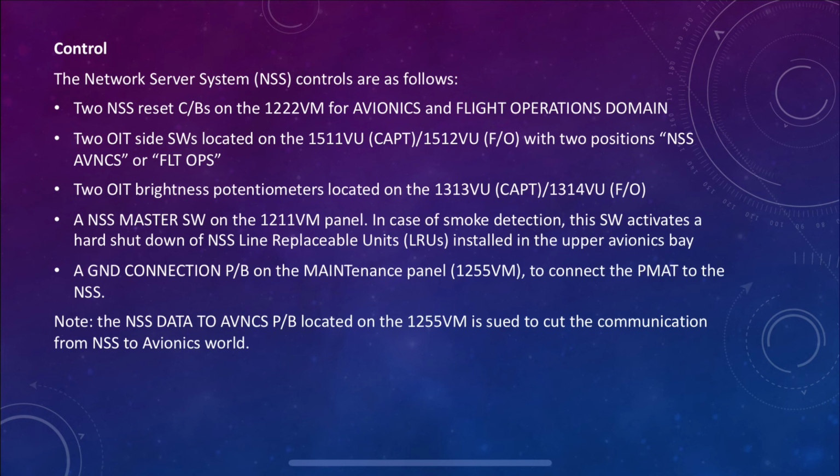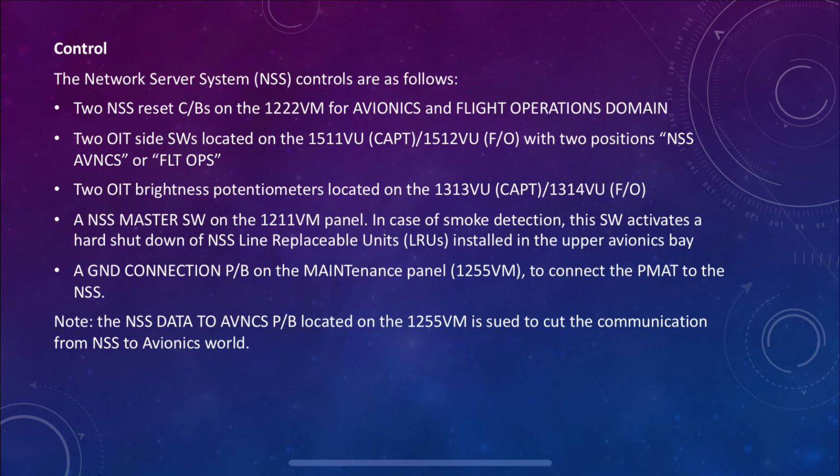The third is 2 OIT brightness potentiometers located on the 1313 VU for the captain and 1314 VU for the first officer. And the fourth is an NSS master switch on the 1211 VM panel.